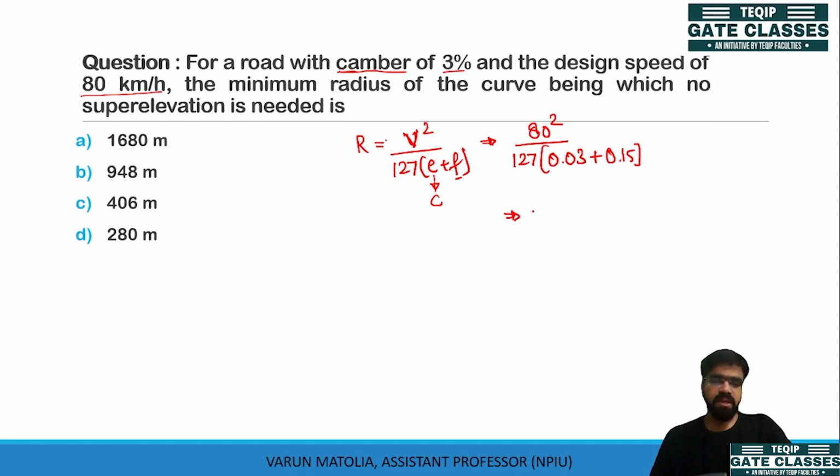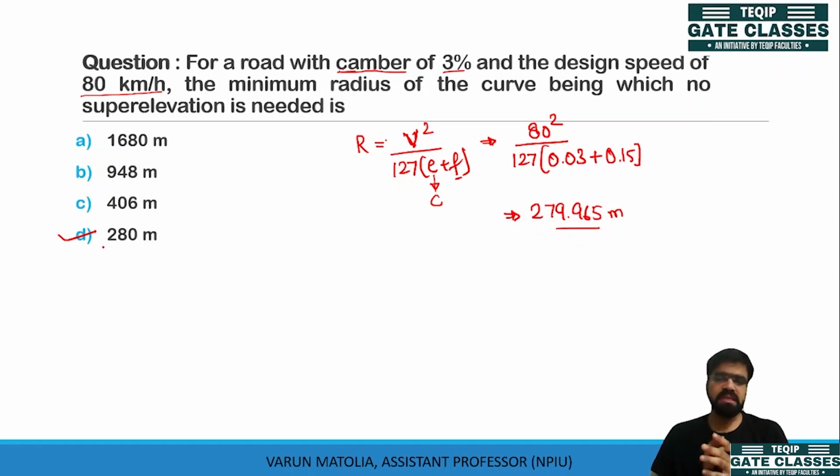The answer is coming out to be 279.965 meters. So if we round off, this D option is the nearest one.